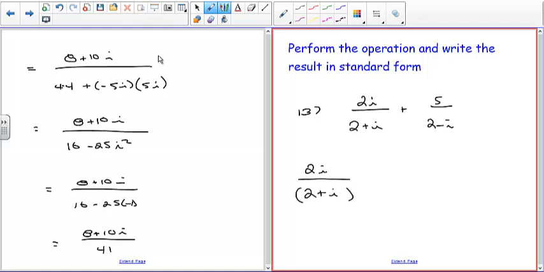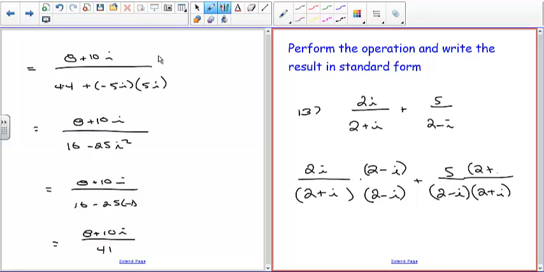So we're going to take the first term and multiply by the second denominator, and we're going to take the second term and multiply by the first denominator. And we do that in both the numerator and the denominator so that we're multiplying effectively by 1.